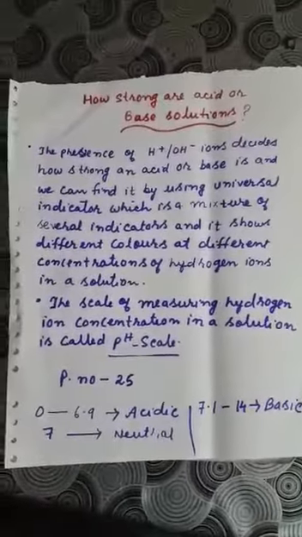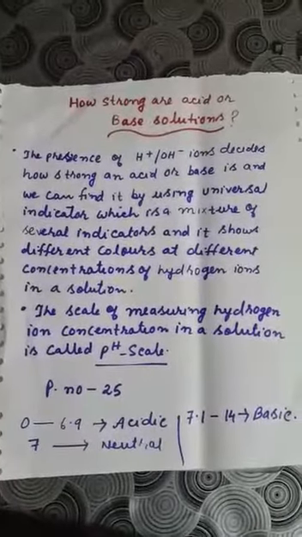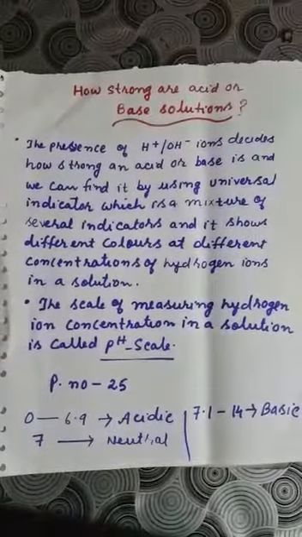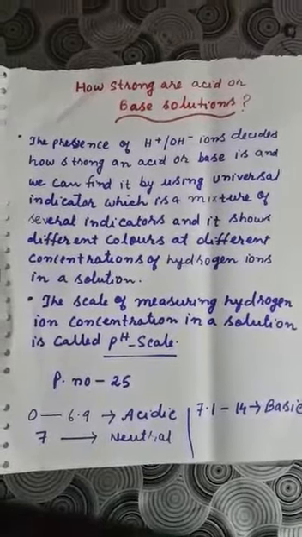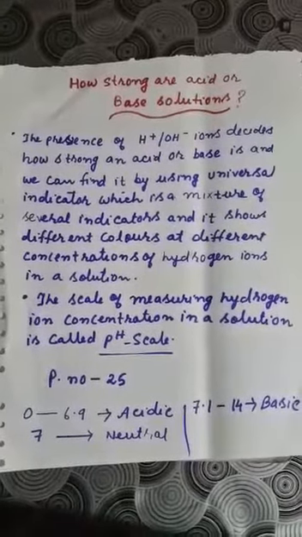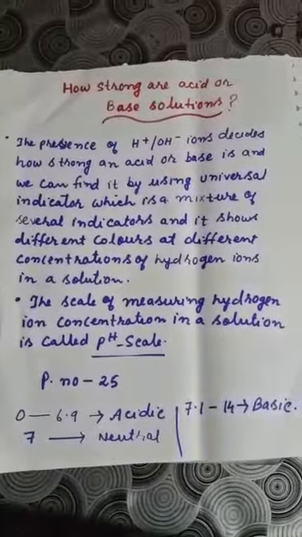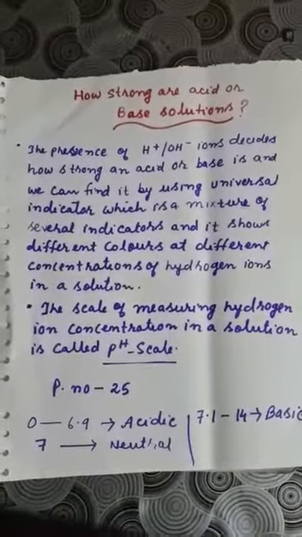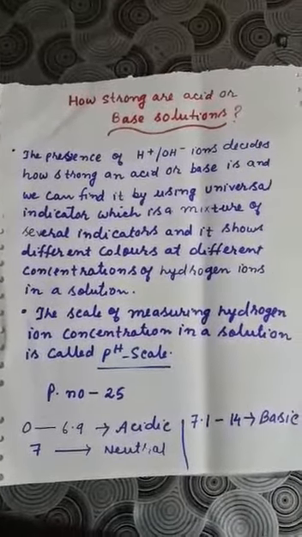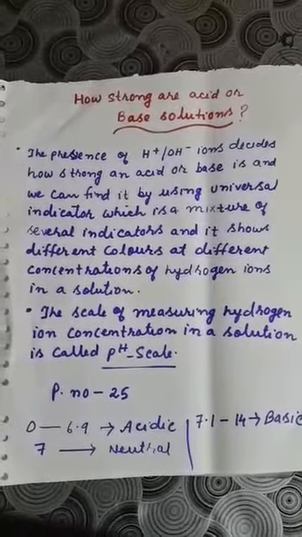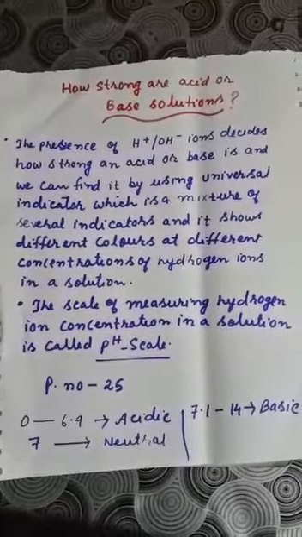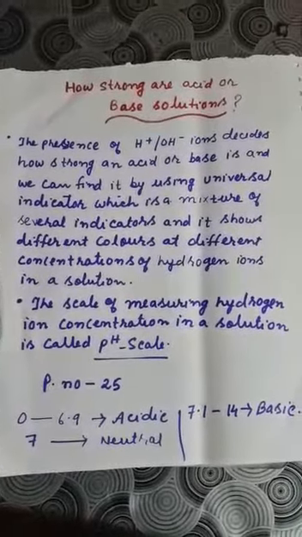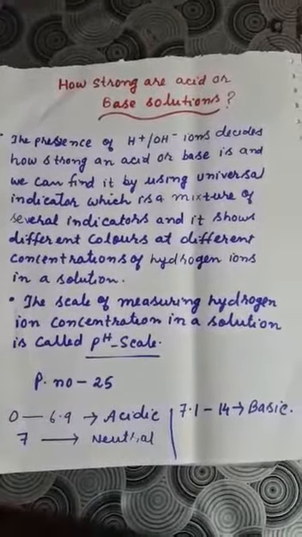That means for all acids the hydrogen ion concentration is not the same, so accordingly it will show different colors. Universal indicator is a light yellow colored paper. If you put it in different types of solution, you will get different colors. That means you will see different changes in color for different concentrations of hydrogen ion. And the scale of measuring hydrogen ion concentration in a solution is called the pH scale.